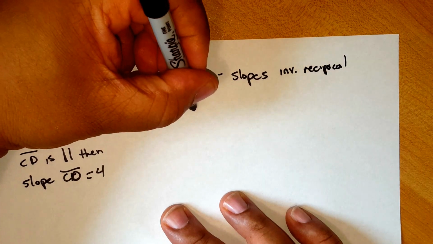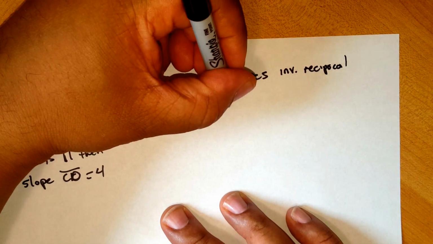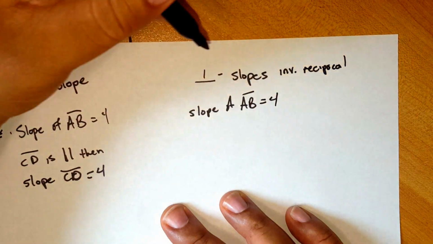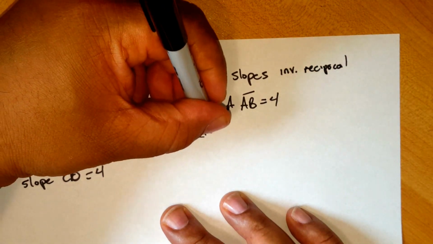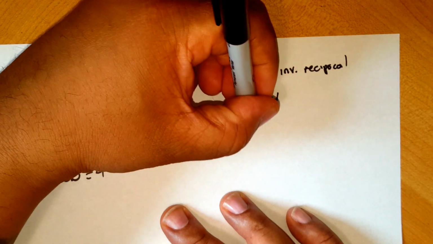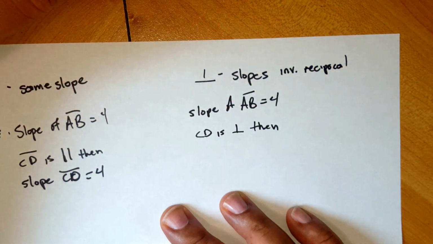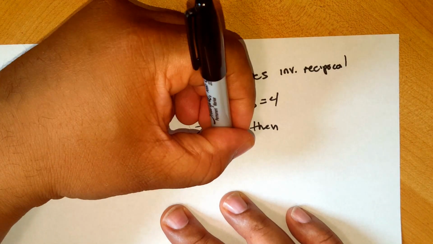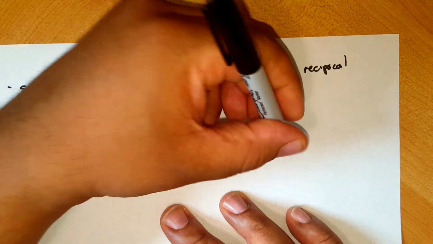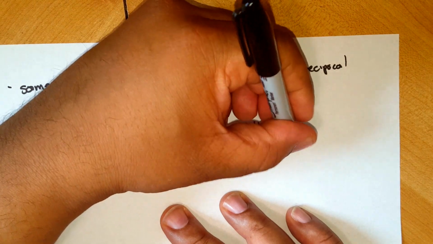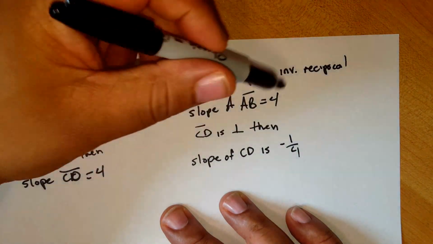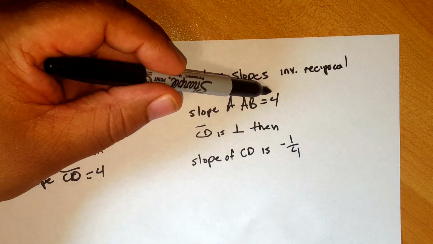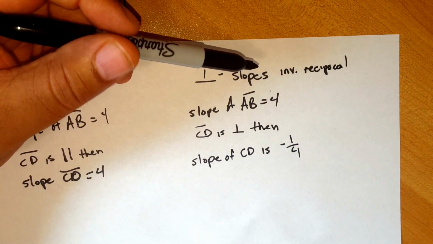So that means if the slope of AB is equal to 4, and I know that CD is perpendicular, then the slope of CD is negative 1/4. The way to think about it is we turn this upside down and put an opposite sign on it.